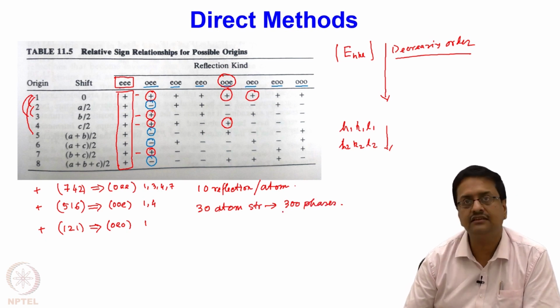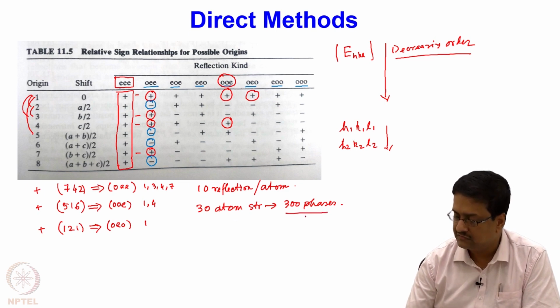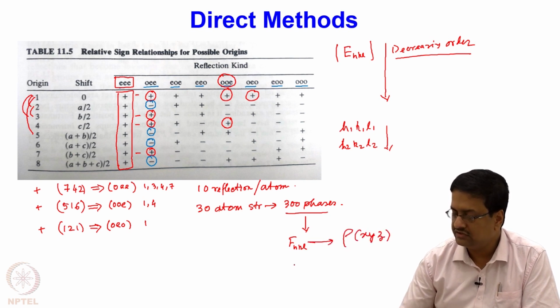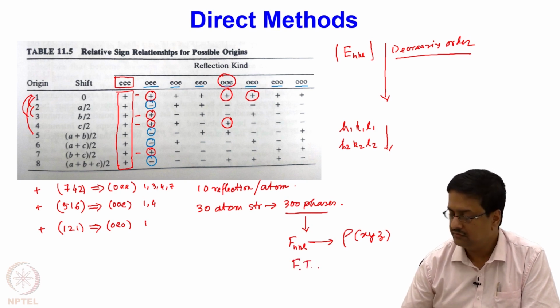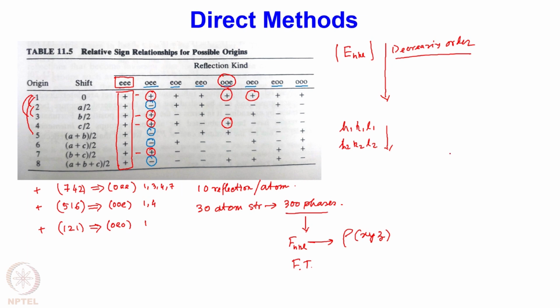And then after guessing those 300 phases, we use those 300 FHKLs to generate the corresponding rho xyz using the Fourier transformation method. And then by doing a Fourier transform, what we get is some location of electron density in space.